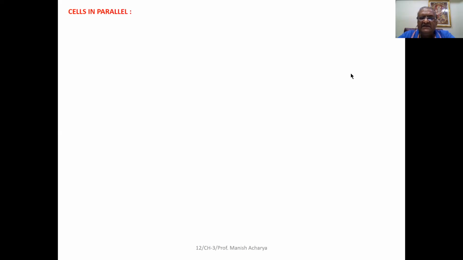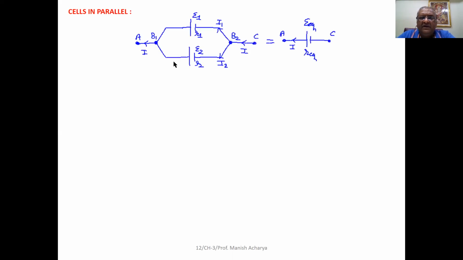Then after that, the cells in parallel. Now see, if two cells are connected between terminals A and C as shown in the figure, the positive terminals of both the cells are connected to A through B1, and the negative terminals of both the cells are connected to C through B2.